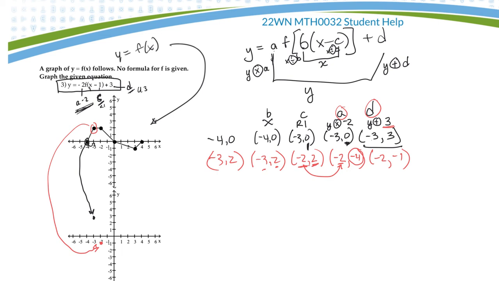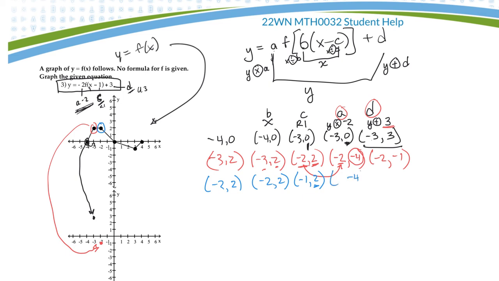Okay, let's try one more point. Let's do that one right there. Its point is -2, 2. For B, there's no change. For C, I have to move right 1, so that puts me at -1, 2. Multiply y by negative 2. 2 times negative 2 is negative 4.